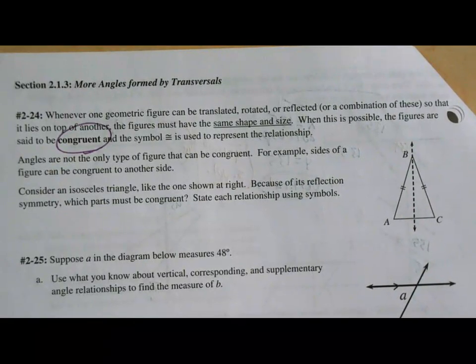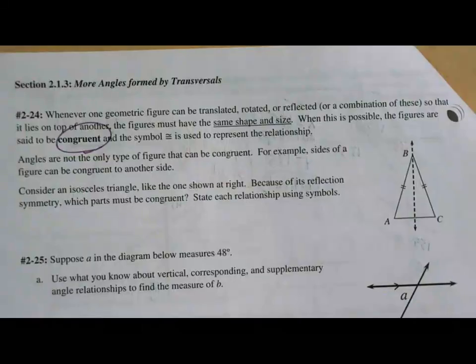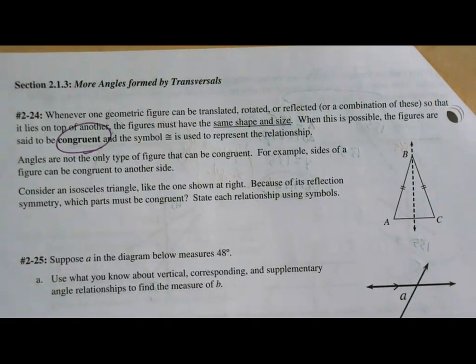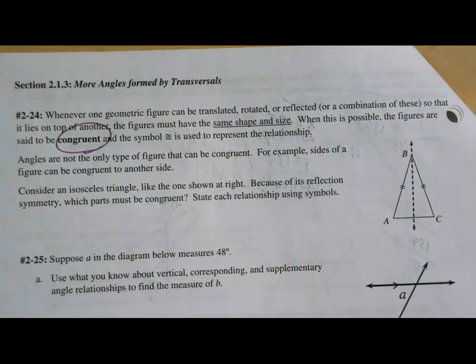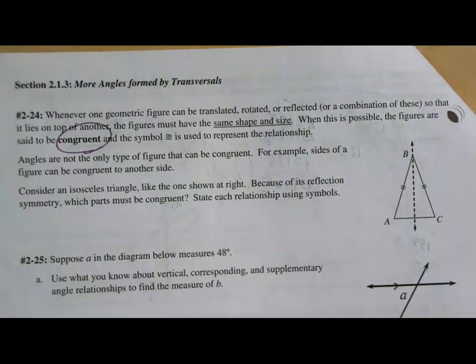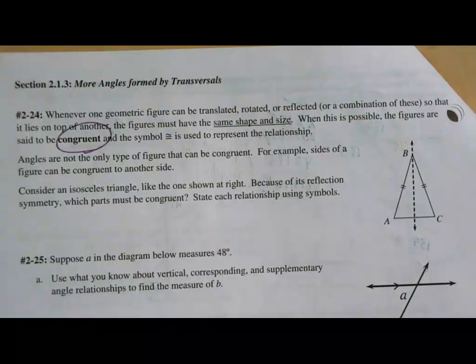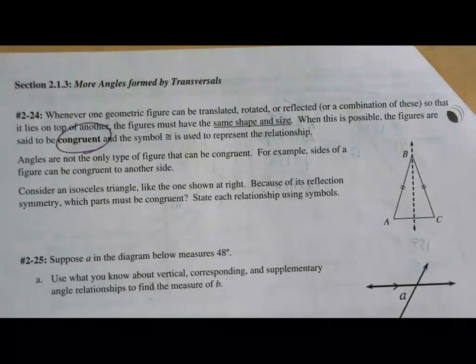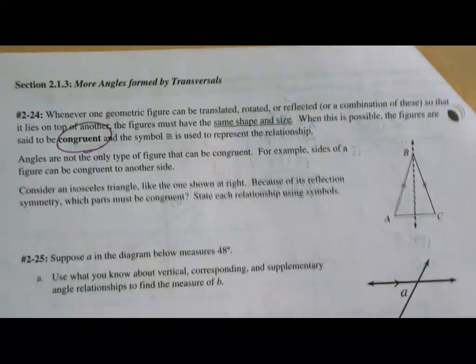You don't have to write out the whole thing. For like translation, you might just say TRANSL or something like that. But there are 4 types of transformations. Give you a second to write those down, and then we'll check and see if we've got them all.